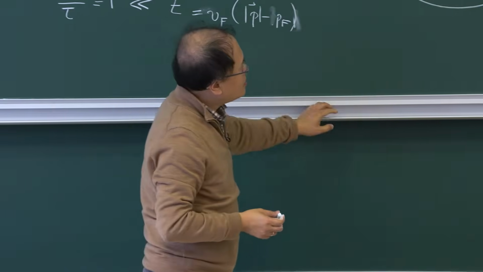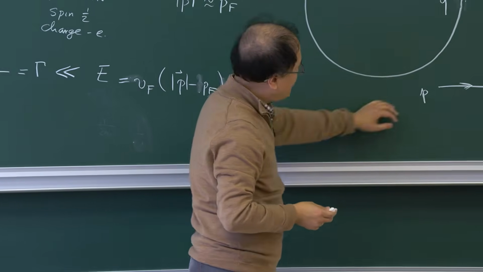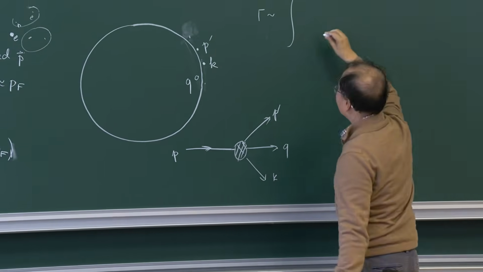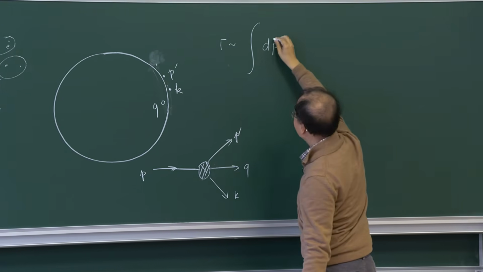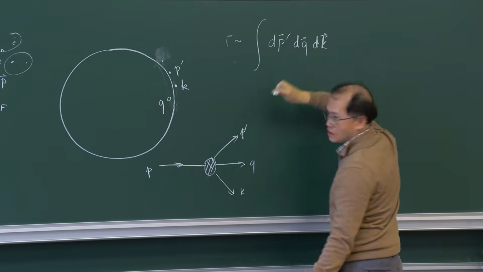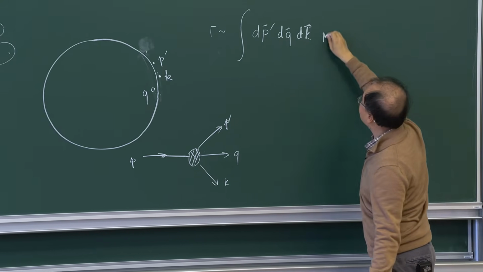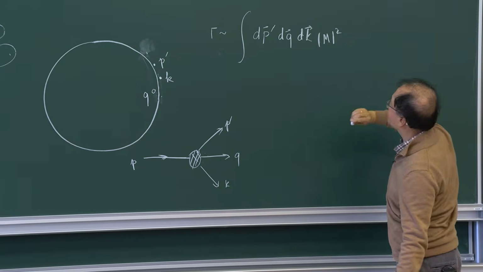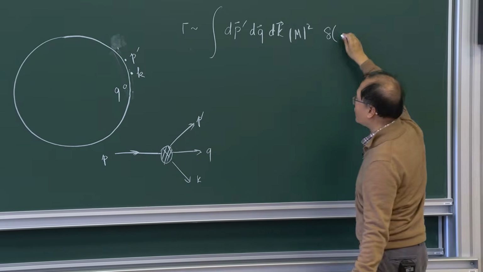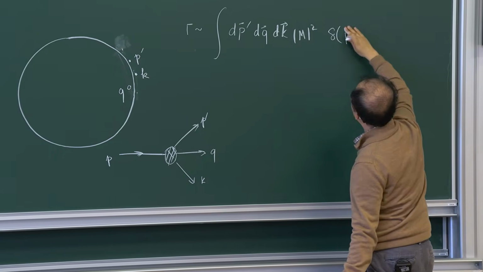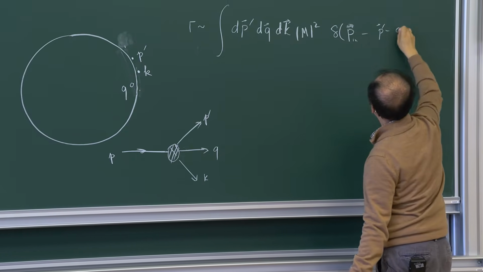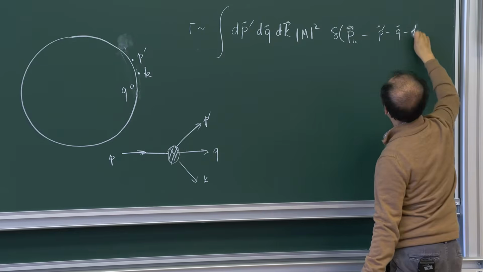Okay, so now the problem of estimating the width becomes the problem of doing an integral. So the integral is dp' dq dk, a matrix element squared, and then two delta functions. One delta function is the sum over momenta: p, the initial state, minus p' minus q minus k is equal to 0.